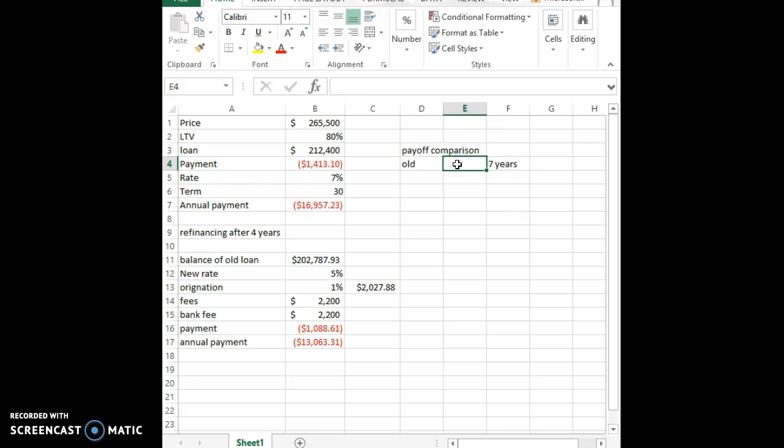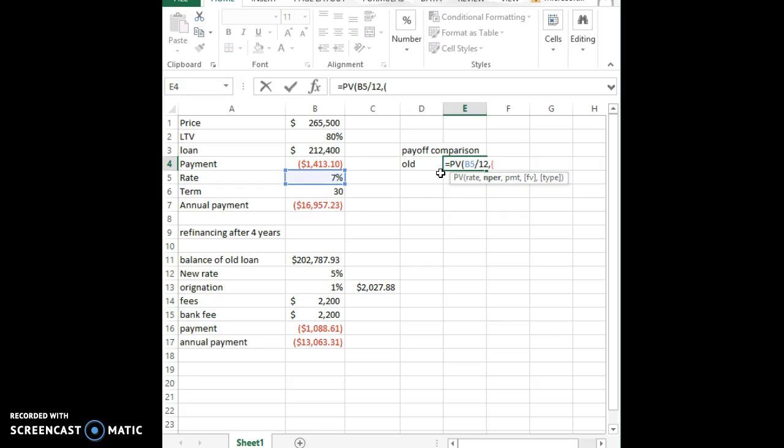To calculate this, we want to do the PV function. We're going to take the rate and divide that by 12.